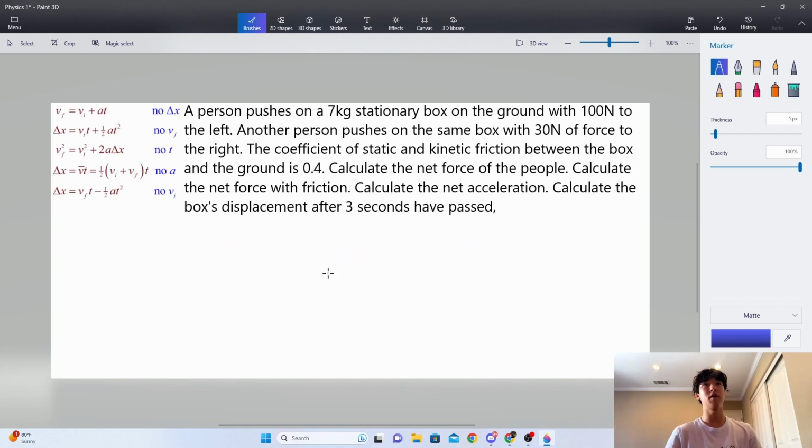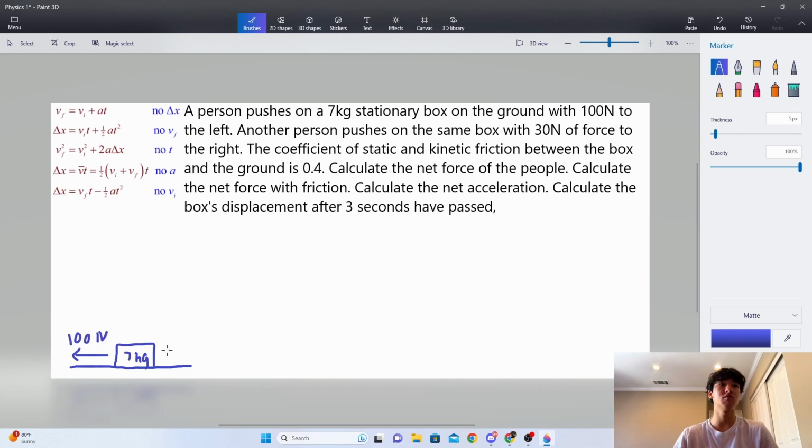Okay, so a person pushes on a 7 kilogram stationary box on the ground with 100 newtons to the left. So let's actually draw that right now. So we're on the ground. We have a box. It's 7 kilograms. And basically, it's being pushed to the left with a magnitude of 100 newtons.